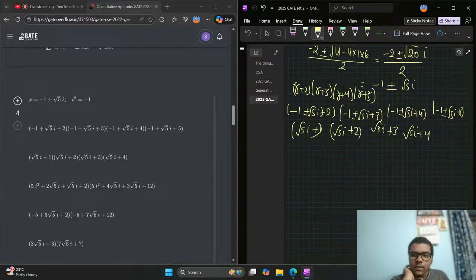You can multiply these two and these two. So that is 5i square, that is minus 5, and plus 2 root 5i plus root 5i, plus 2, and that is minus 5i plus 4 root 5i plus 3 root 5i plus 12.